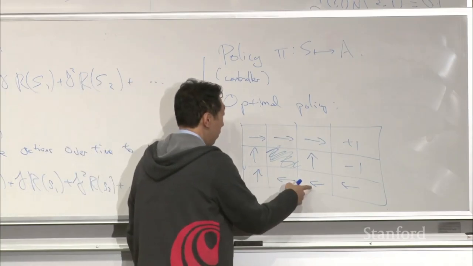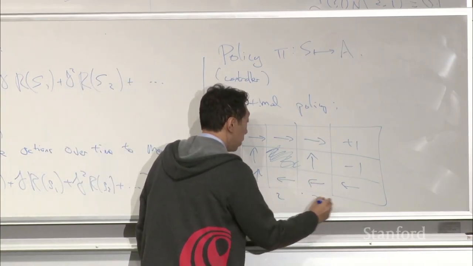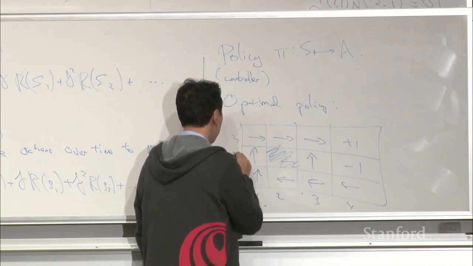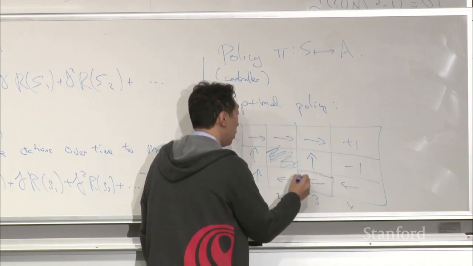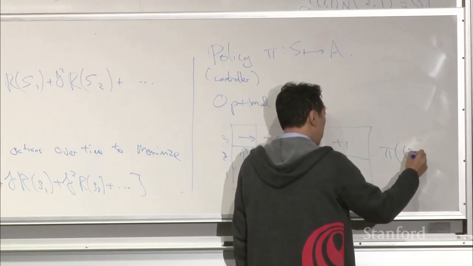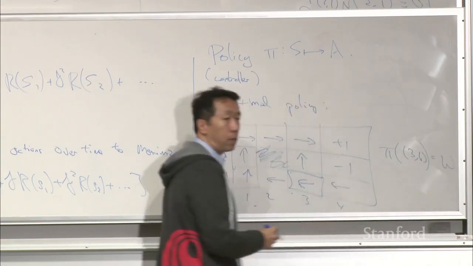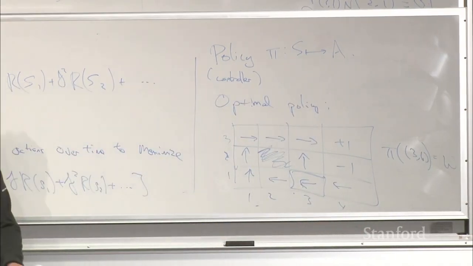So for example, if you take this cell over here, this policy is saying pi applied to the state (3, 1) is equal to west.